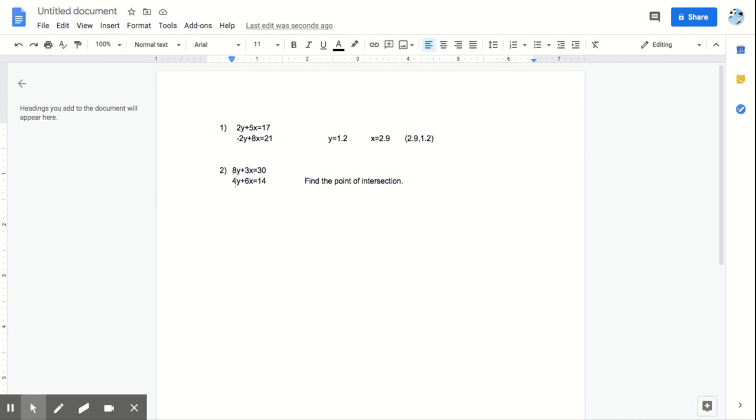For the second one, I want you to do it on your own. You can take out some paper. But the trick to this is that it doesn't just show up as 2y and negative 2y, so you can't just automatically cancel them out.